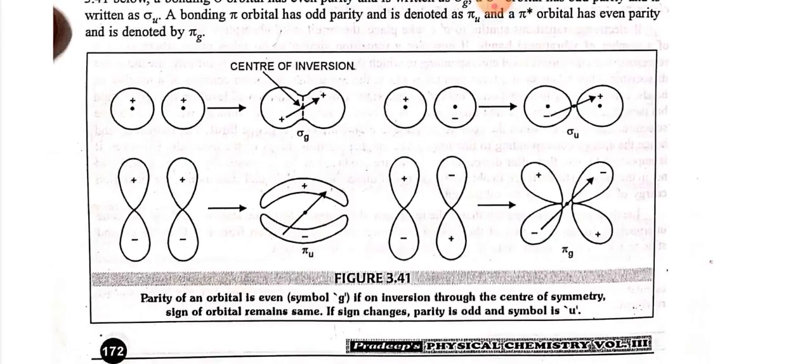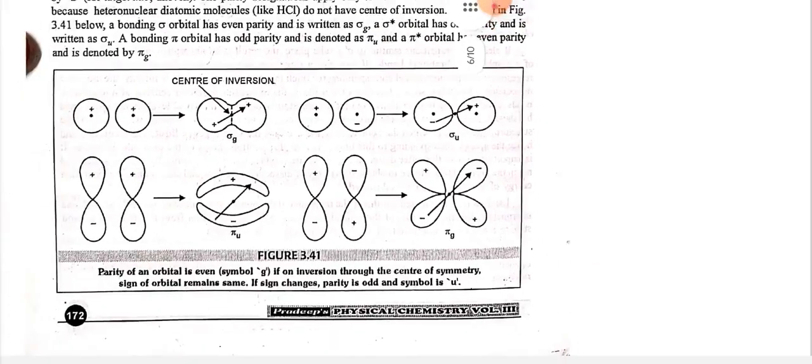The parity of an orbital is even, symbol g, if on inversion through the center of symmetry the sign of the orbital remains the same. If the sign changes, parity is odd and the symbol is u, that is ungerade.